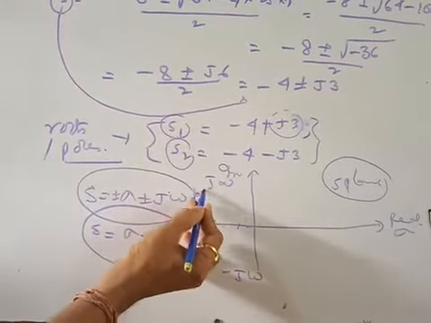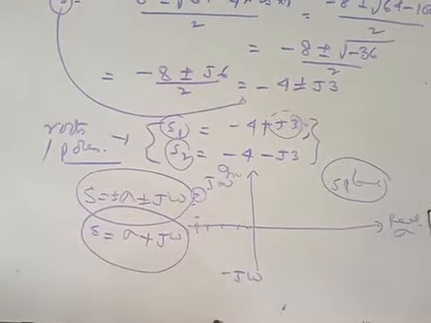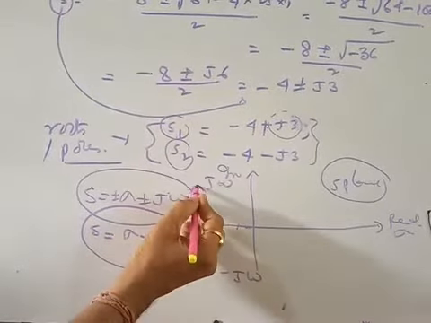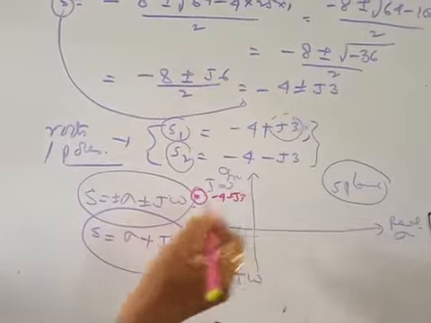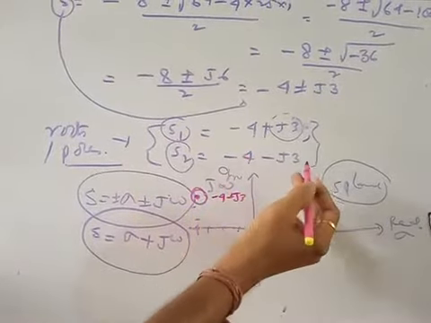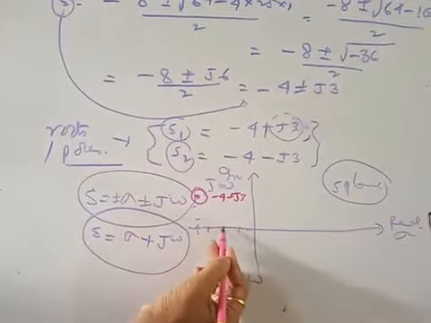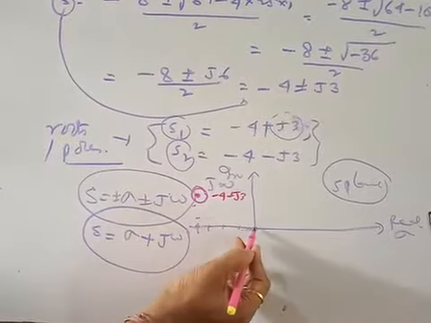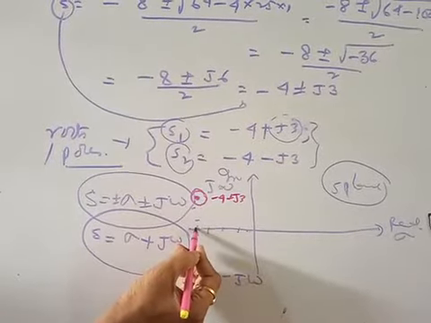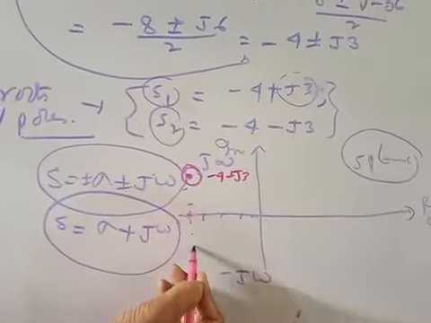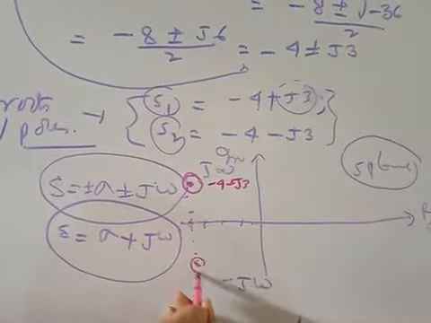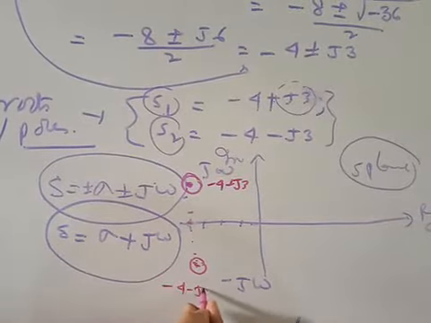This is the location for minus 4 plus j3. Similarly, you get minus 4 minus j3. So minus 1, minus 2, minus 3, minus 4, you go in this direction along the real axis by an amount of 4, then you move 1, 2, 3. So this will be your minus 4 minus j3.